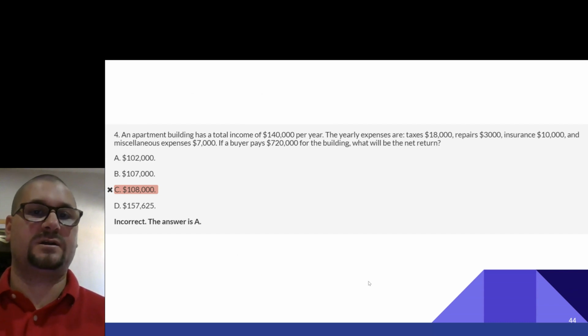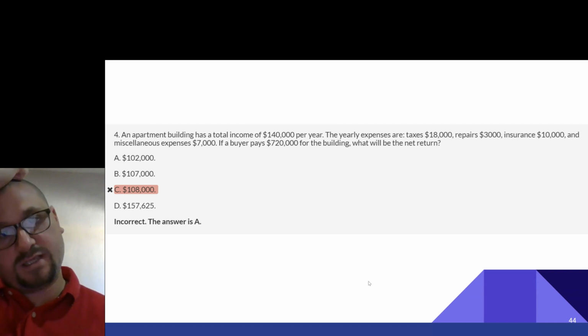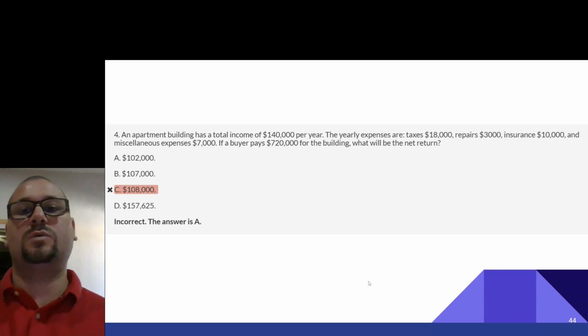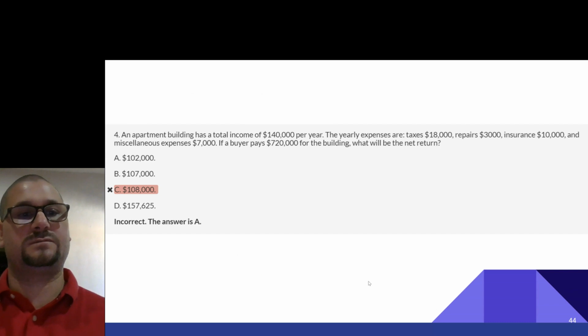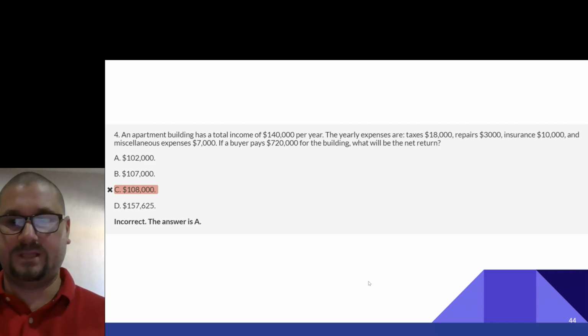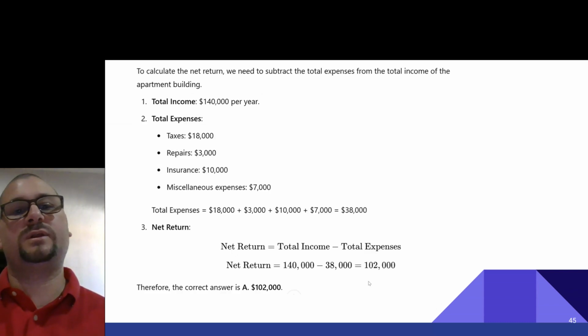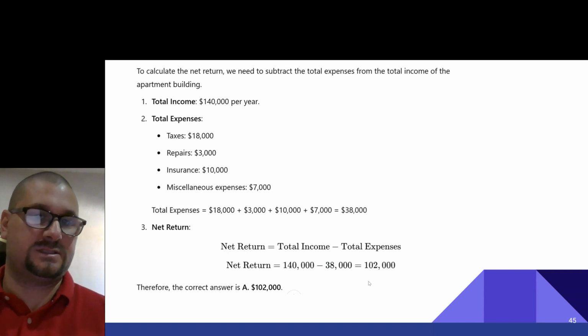If a buyer pays $720,000 for the building, what will be the net return? 102,000. So here you want to calculate the total expenses.